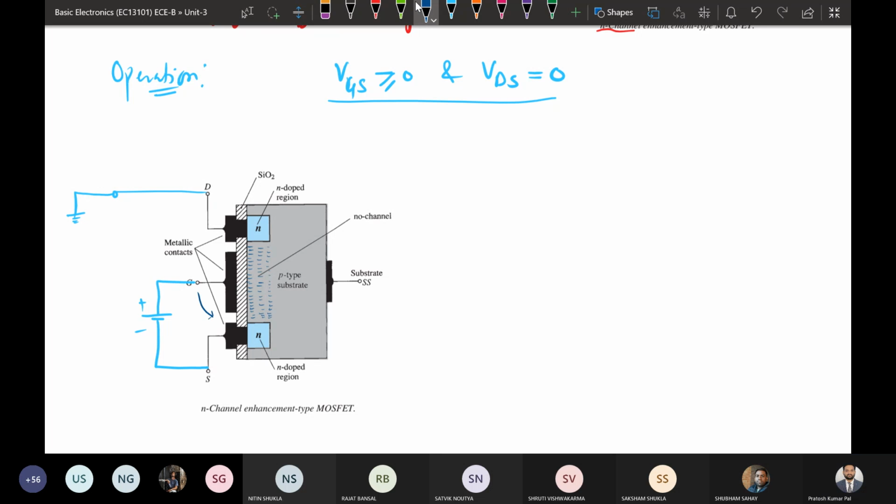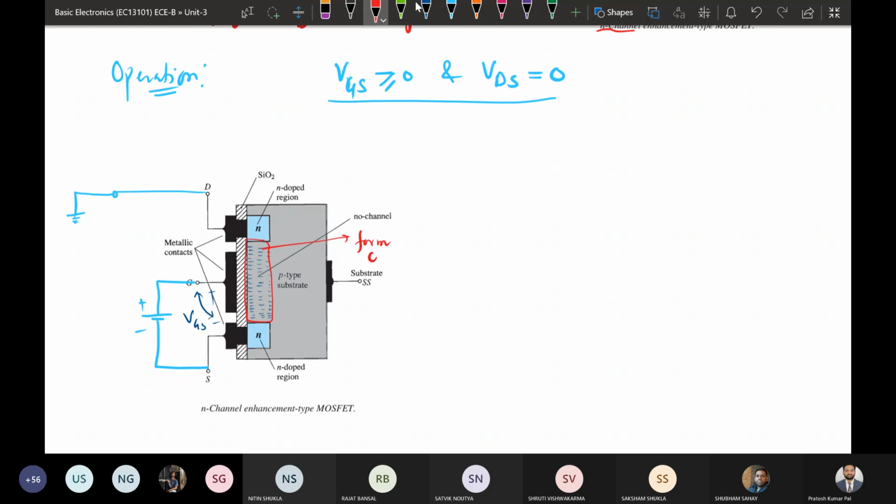This is VGS. So we increase VGS such that the electrons are accumulating near this SiO2 layer. This accumulation of electrons near the SiO2 layer will form our channel.